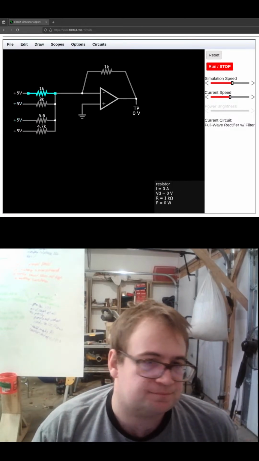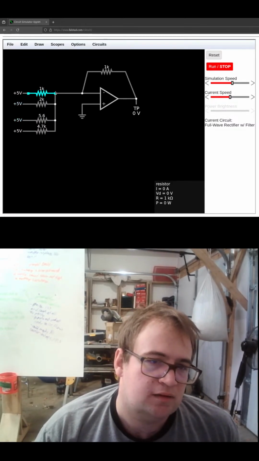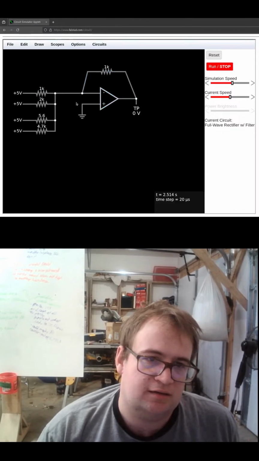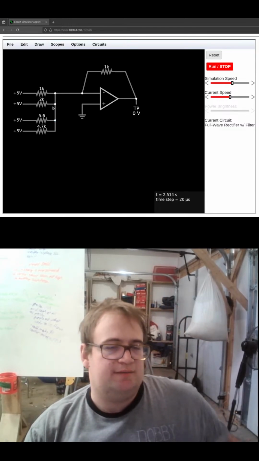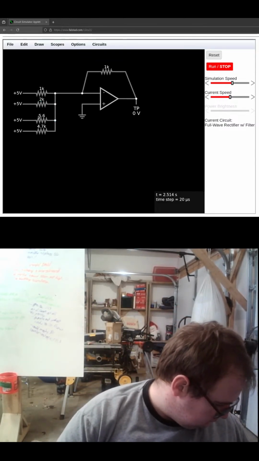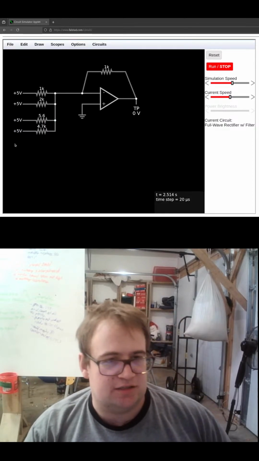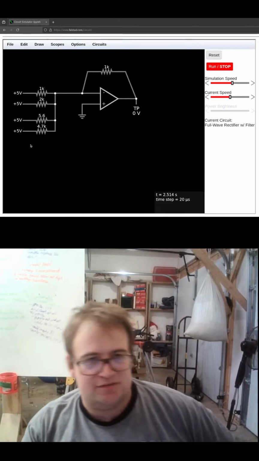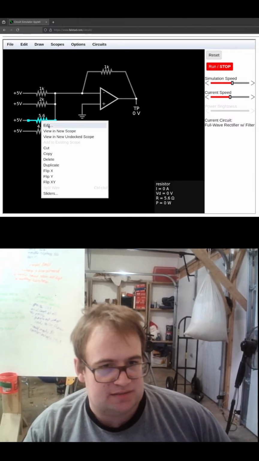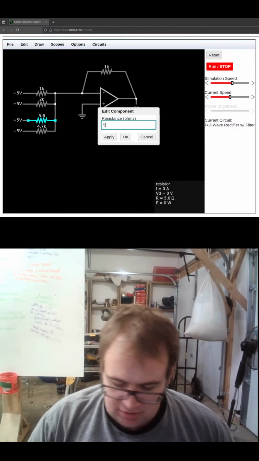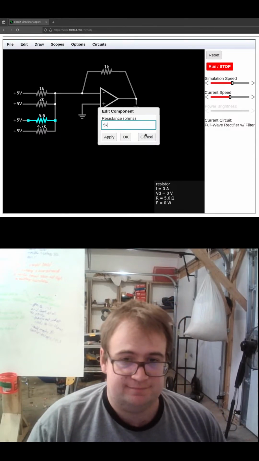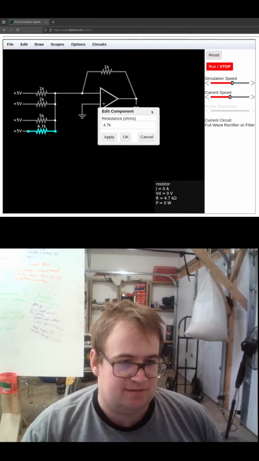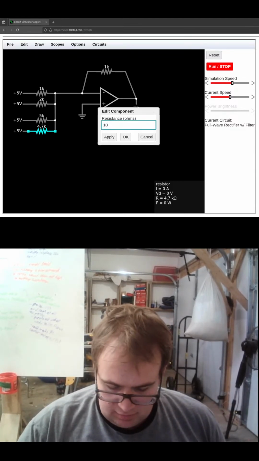So this one is going to show 2.5 volts there. And this one is going to show, well, that's an odd one. I put in some weird values here. Oh, that was 5.6 ohms. No, we want 5K. Okay. And we'll do 10K here.